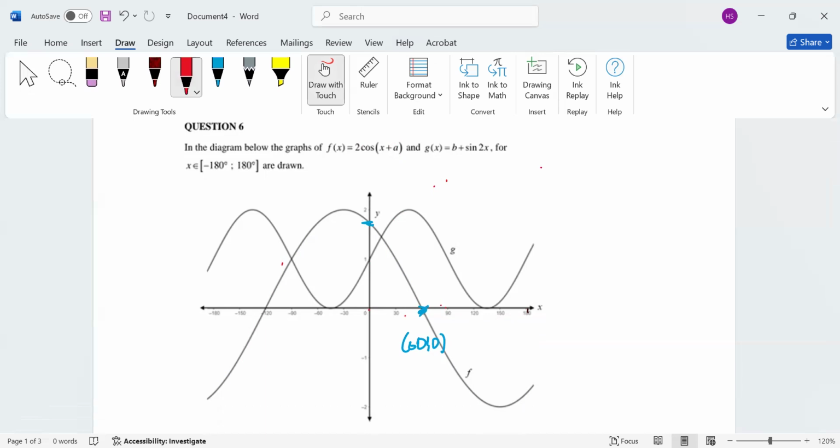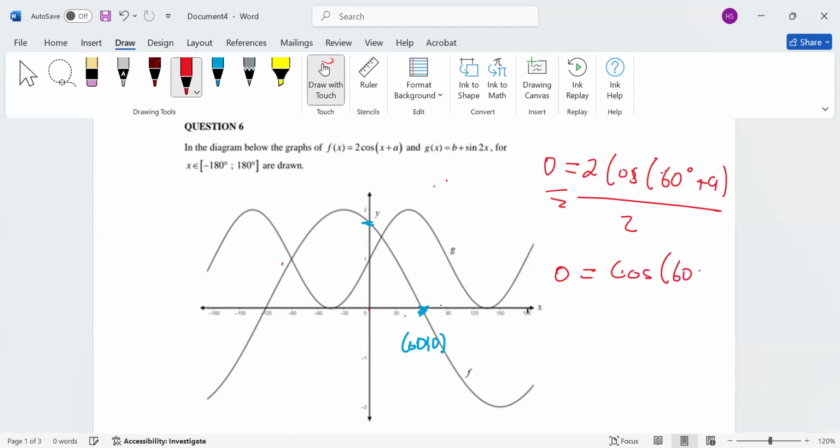So what are we going to have? We're going to have 0 equals 2 cos of (60 plus A), then divide by 2. So 0 equals cos of (60 plus A).